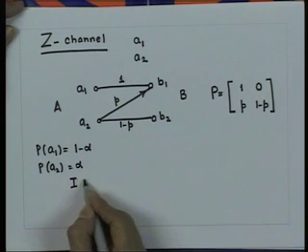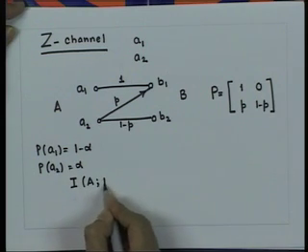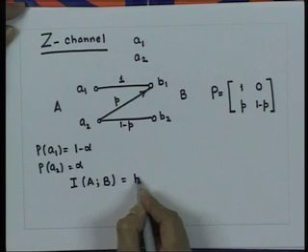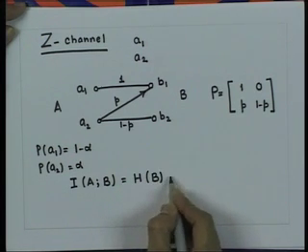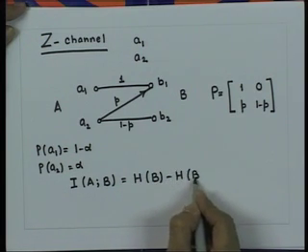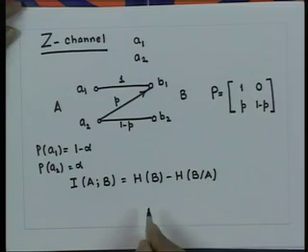So, as usual, we require to calculate mutual information, which is H(B) minus H(B given A).